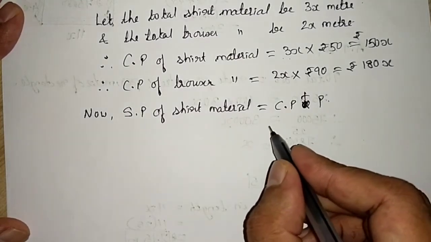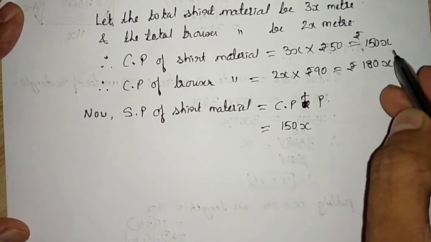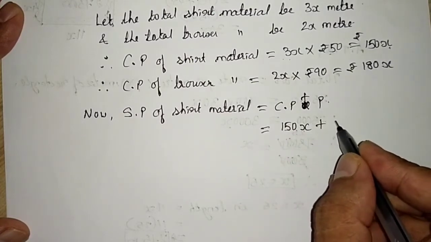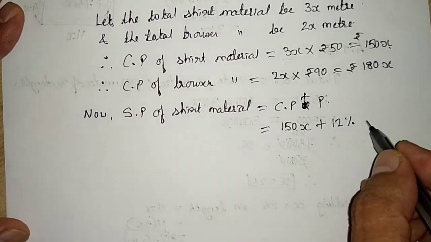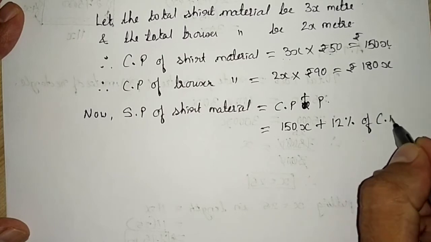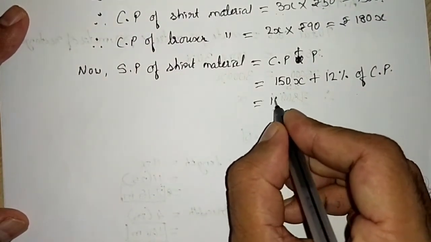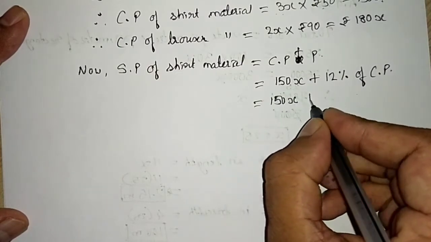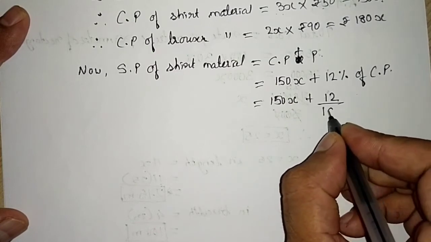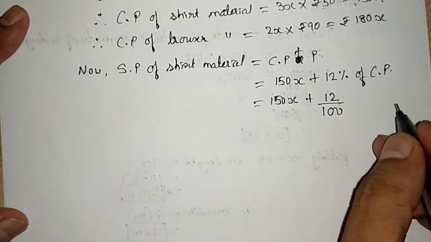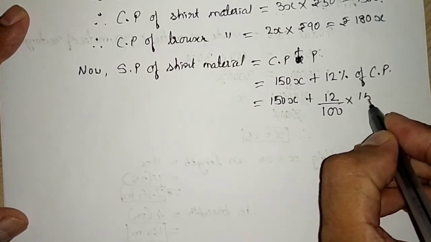And cost price is rupees 150x plus profit, which is 12%, but 12% of what? 12% of cost price. We will write 150x plus 12%. What we used to do in 7th standard, 12% means 12 divided by 100. Of means multiplication, and cost price is 150x.